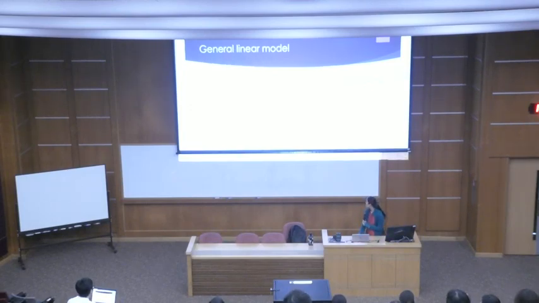We can test whether the slope is significantly different from 0, which is literally saying, is the difference between the two means greater than we expect by chance alone? Is there a significant difference between the two means? So a t-test can simply be defined as a general linear model.